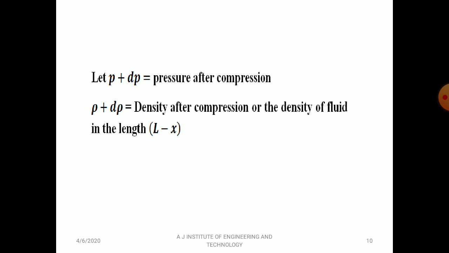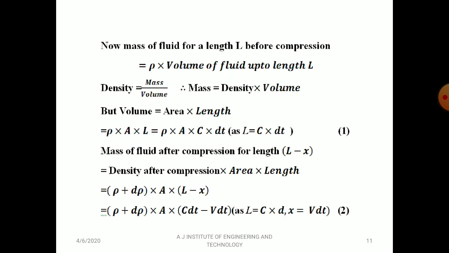The initial pressure is P, and because of the compression you will have an increase in pressure, so you have to add that to the initial pressure. So P plus dP. Similarly, rho plus d rho is the initial density plus the change in density after compression. So rho plus d rho is the density of the fluid in the length L minus x. In the length L minus x, the fluid will be in a compressed state.